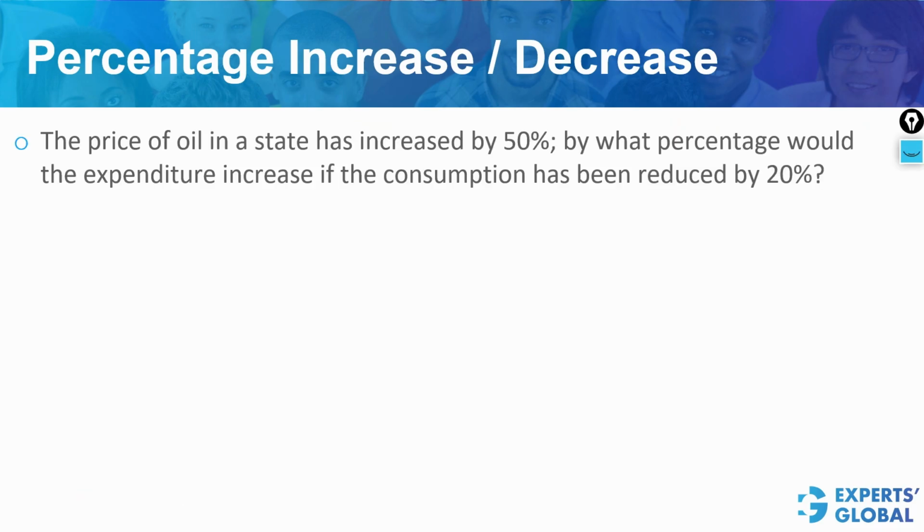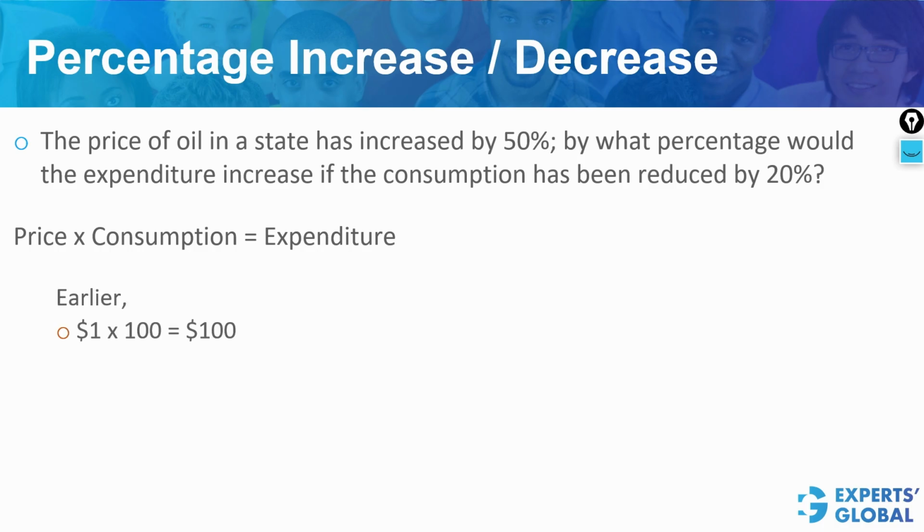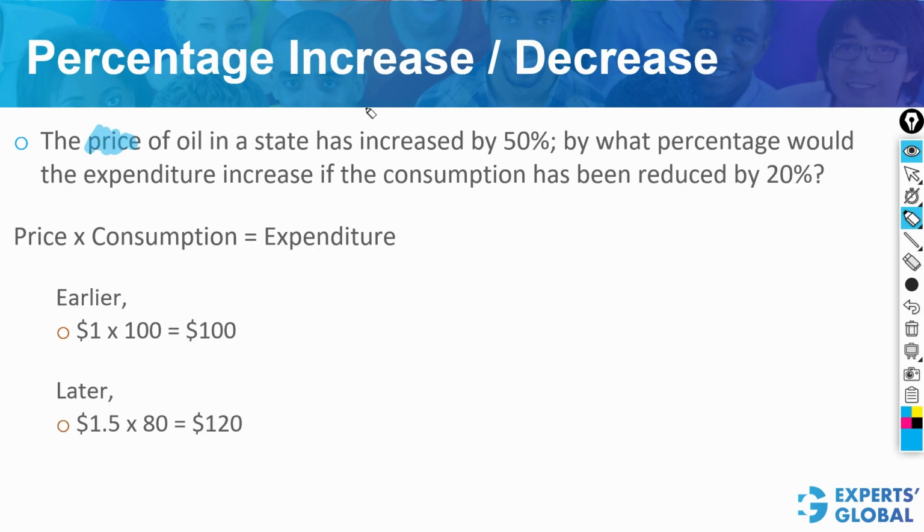A similar question here. Please pause the video and solve this. The relationship is once again price times consumption equals expenditure. Earlier, the price is $1, the consumption is 100 units. Therefore, the expenditure turns out to be $100. And later, you see, price has increased by 50%.